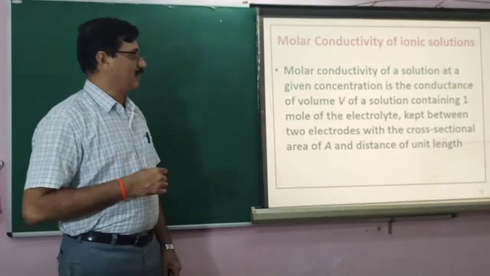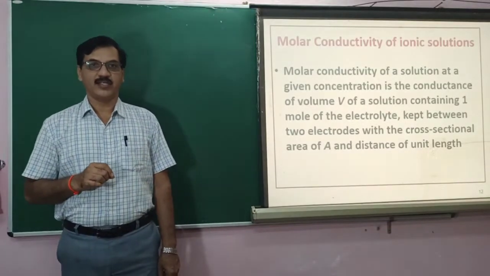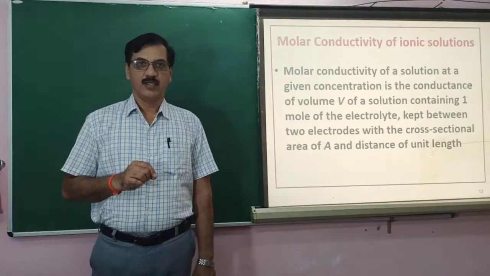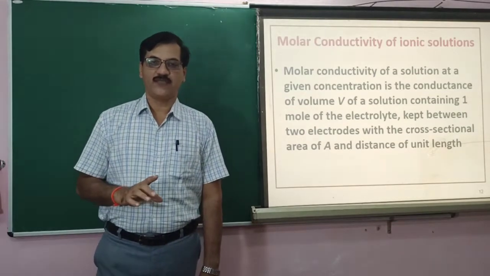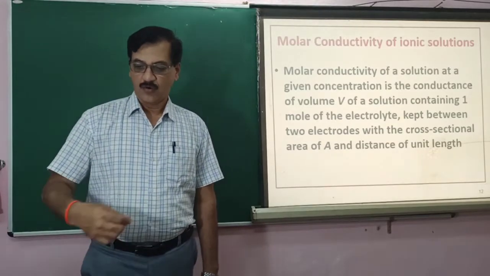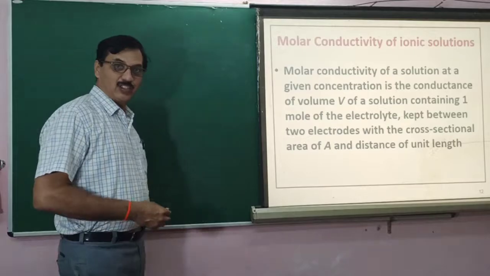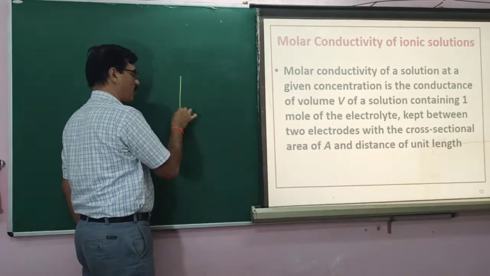What is molar conductivity? We are interested in finding the conductivity due to 1 mole of electrolyte present in any dilution. For this, the arrangement of the conductivity cell is different.